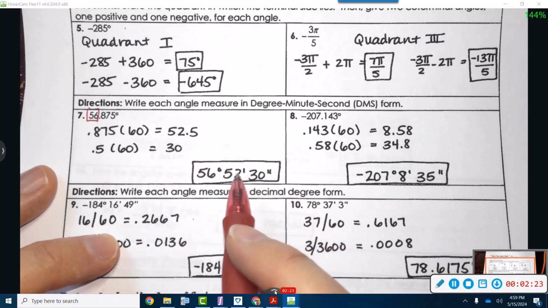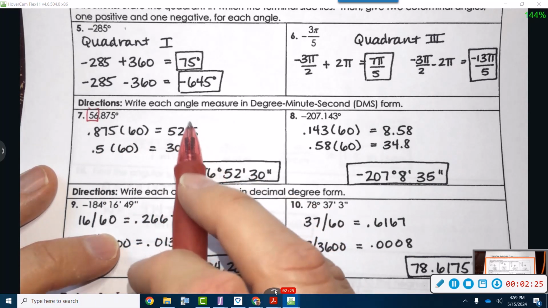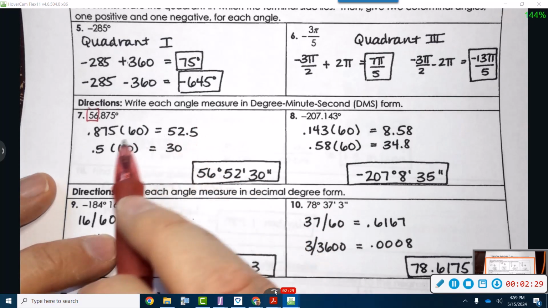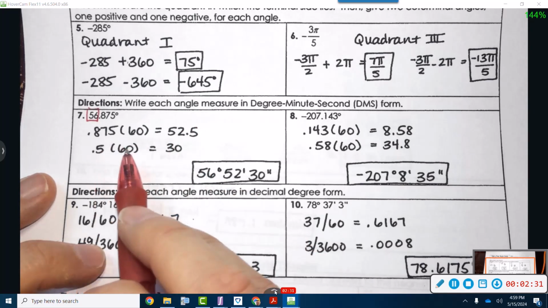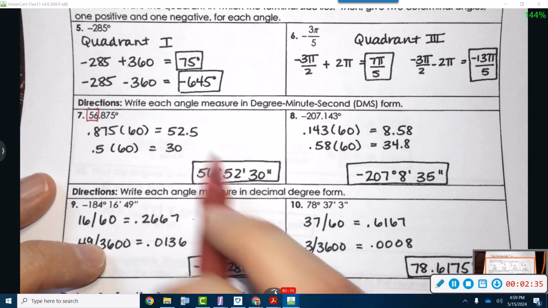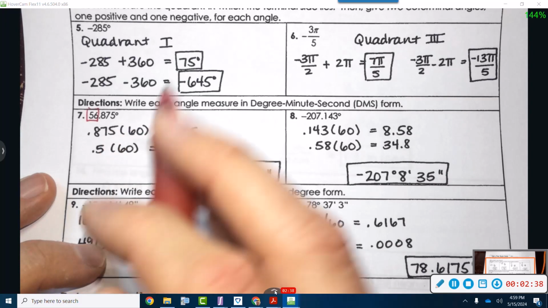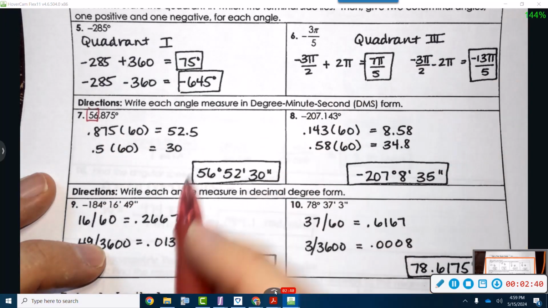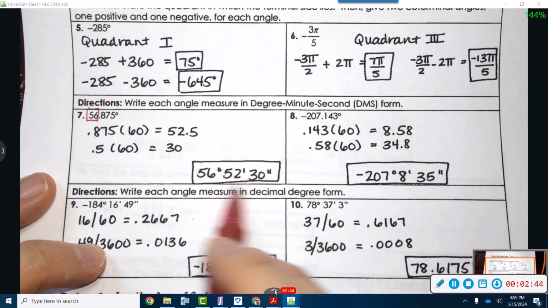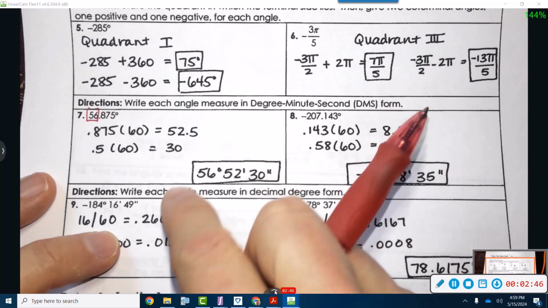So now we have 52. Then you grab that last decimal and ask, what piece of that is in seconds? So 0.5 times 60 seconds will give you 30 seconds. You're really just finding percentages, and whatever's left in the decimal place is what you use to get to these pieces. Now this feels more like a clock measurement rather than a ruler measurement.